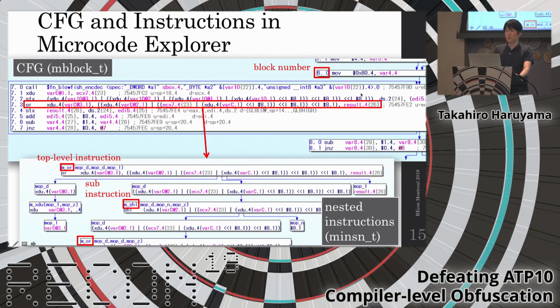Using the structures, the microcode explorer displays the control flow graph and instruction graph. In the control flow graph, this number is a block number. It's unique in one maturity level. And instructions can be nested. For instance, this instruction can be displayed like this.